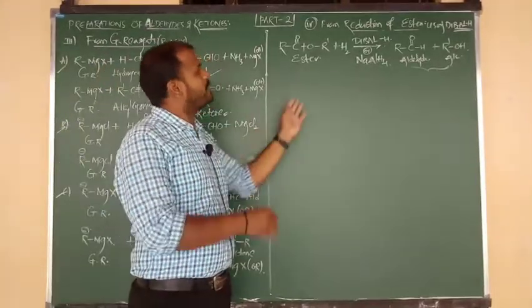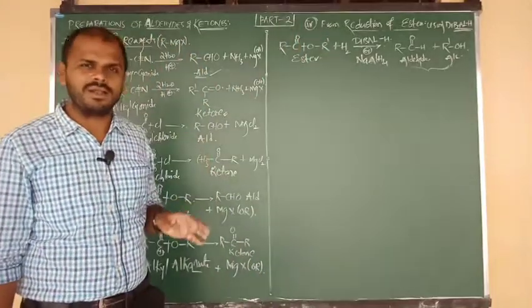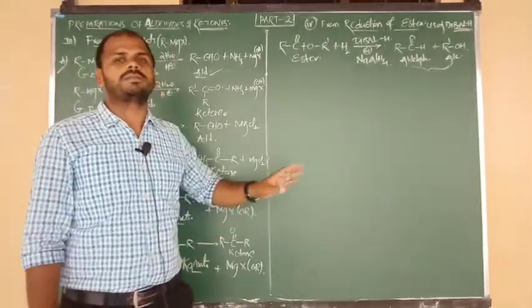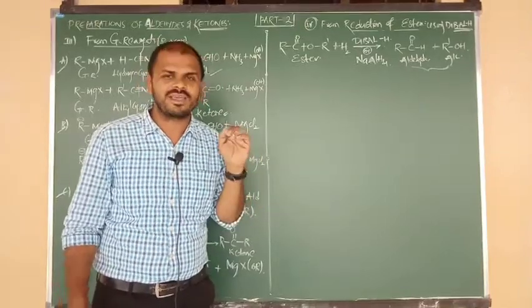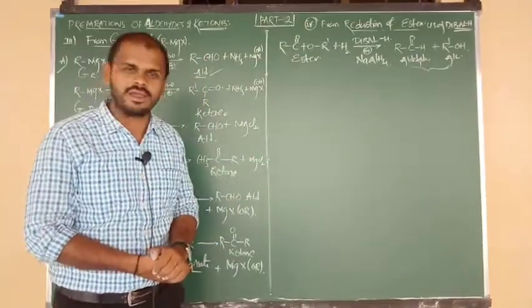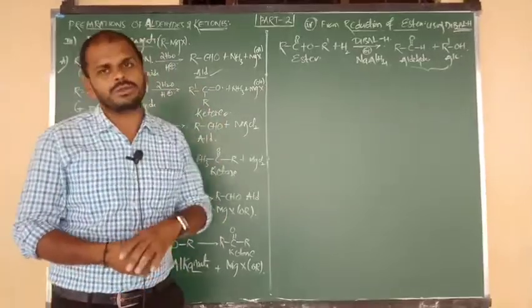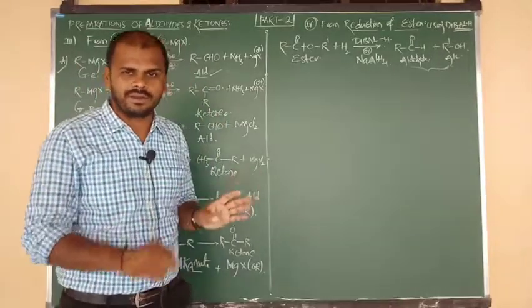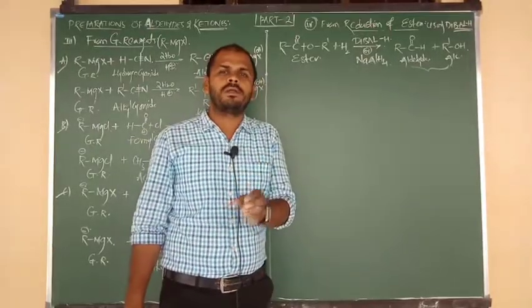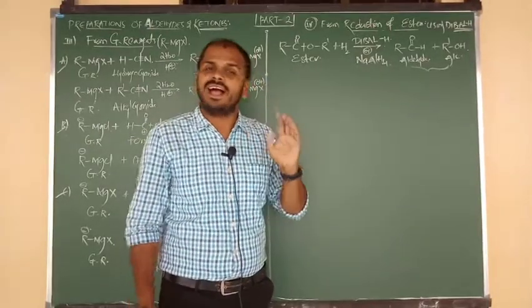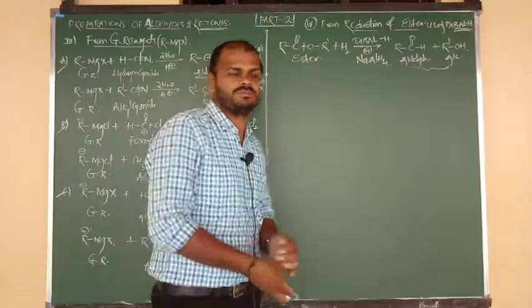Up to now we have covered 4 methods of preparation of aldehydes and ketones. In all those methods we have prepared only aliphatic aldehyde and aliphatic ketone. Yes, in a few cases aromatic ketone also came, but mostly aliphatic. Now here I want to discuss how to prepare purely aromatic aldehydes and aromatic ketones.